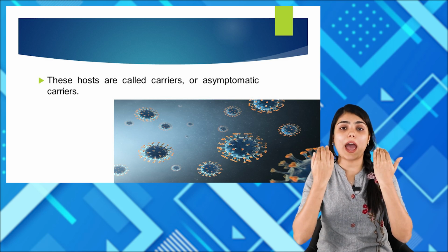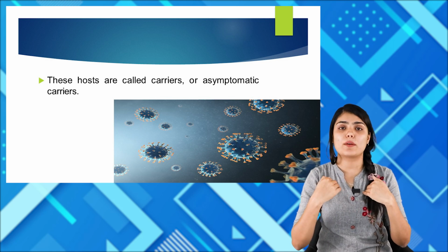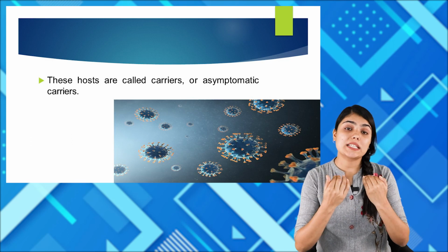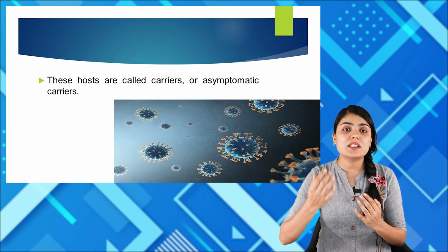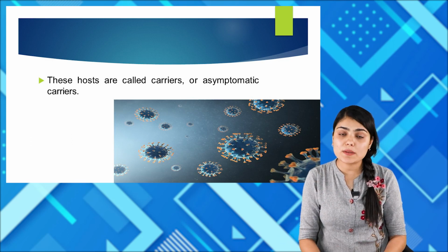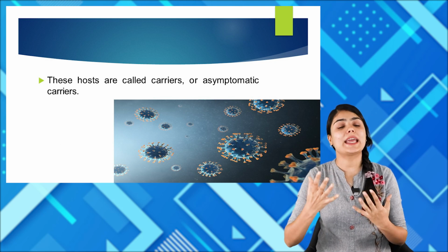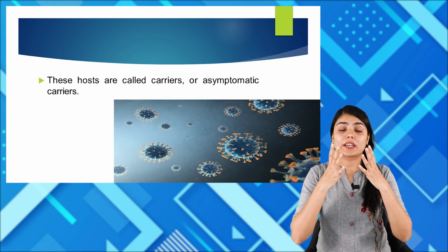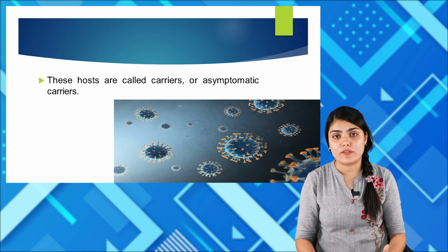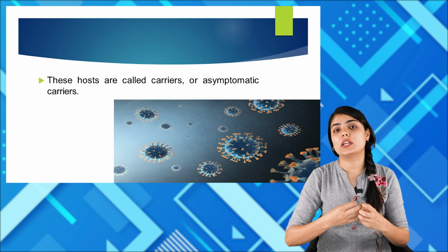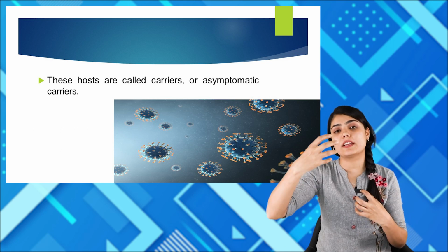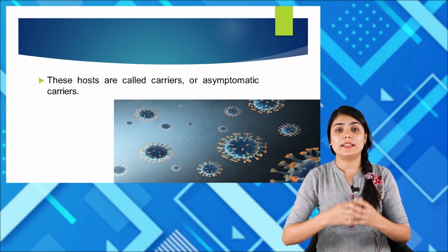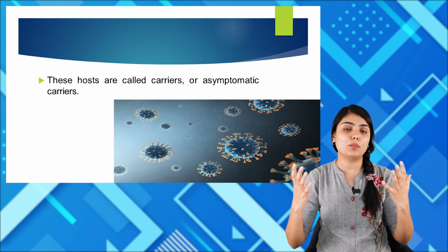The carrier also has microorganism present in their body, but they themselves will not display any kind of symptoms, and because they do not display any kind of symptoms, they are called asymptomatic hosts. But the carriers act as a source of information. That means they have the potential, they have the ability to spread the infection to other people around. They have the ability to infect other people.